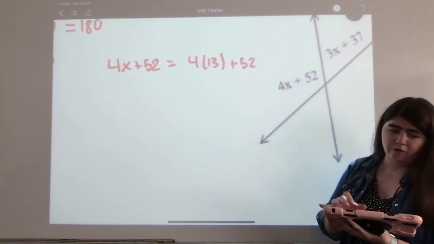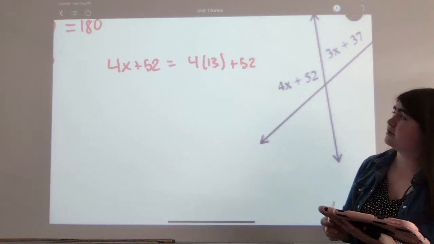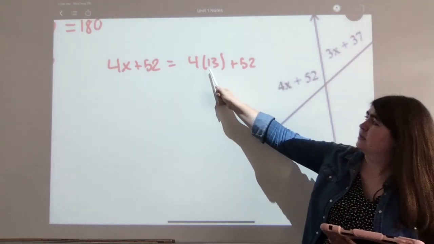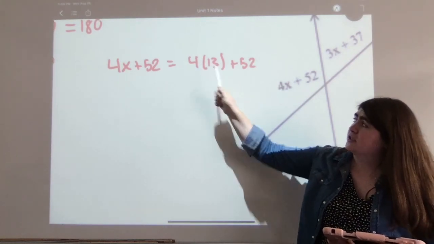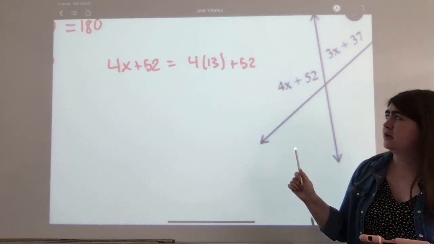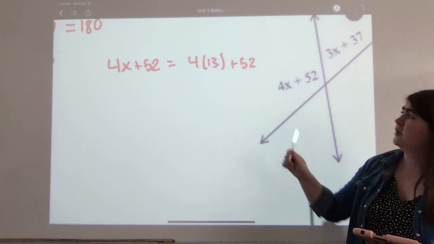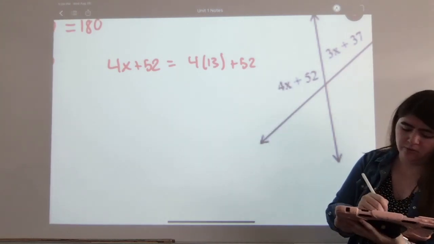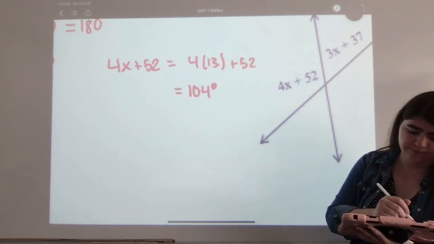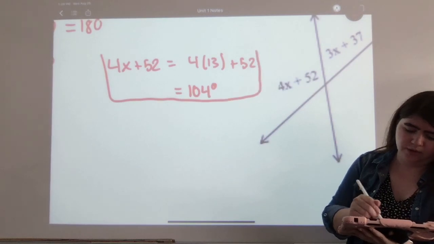If we break this down in our head, 4 times 3 is 12, 4 times 10 is 40, 40 plus 12 is 52, 52 plus 52 is equal to 104, so this is equal to 104 degrees, and there's one answer.